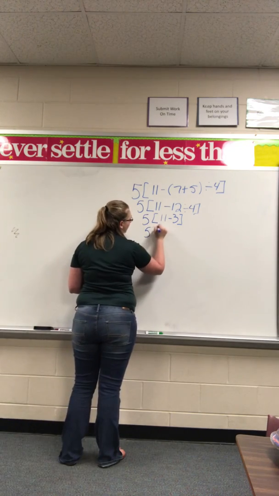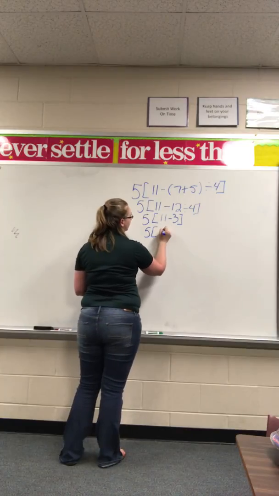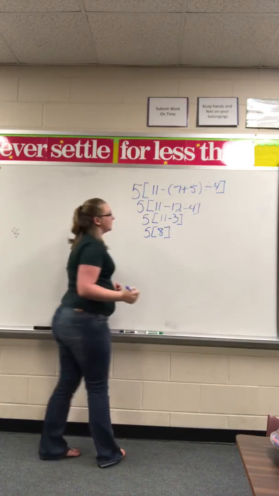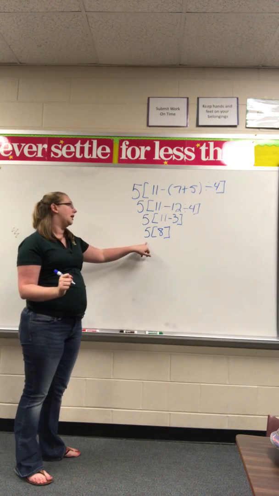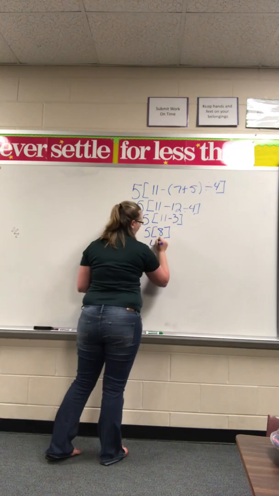So we have 5 times our bracket, that quantity of 8. We close our bracket. Now 5 times 8 is 40.